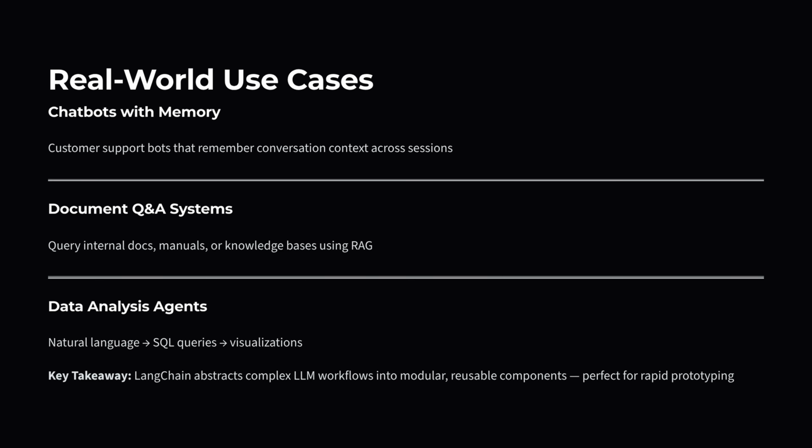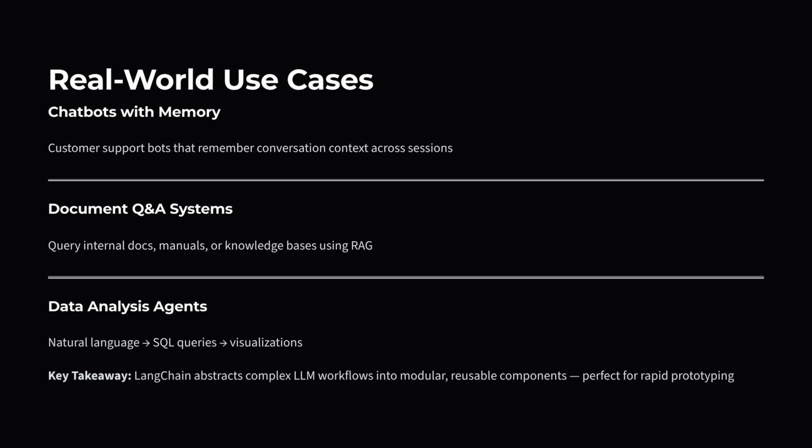Real-world use cases. LangChain shines in real-world applications because it turns chaotic workflows into clean, modular systems. A chatbot with memory feels more human by remembering earlier questions, almost like a barista who recalls your last order. Document Q&A systems rely on RAG to pull the exact snippet from a policy manual, a medical guideline, or an HR handbook before generating an answer.